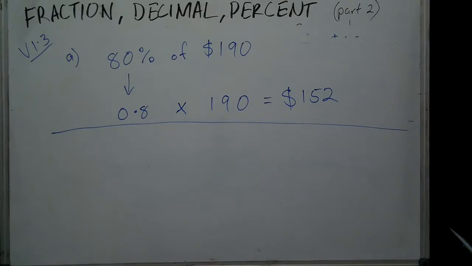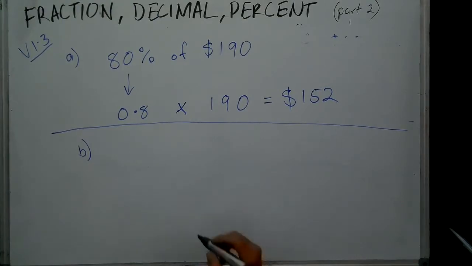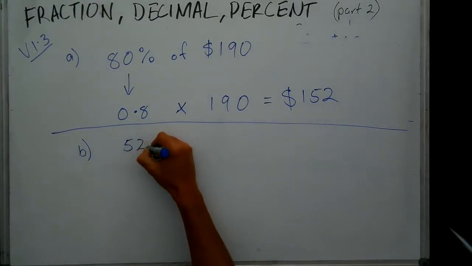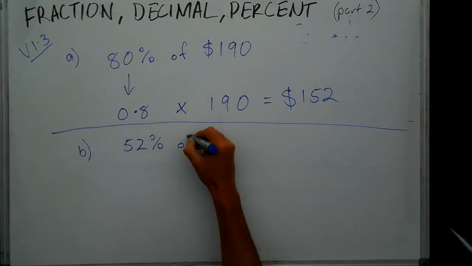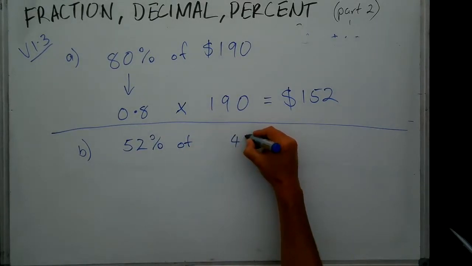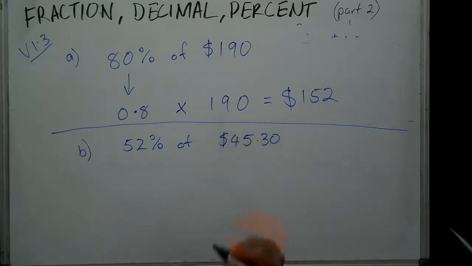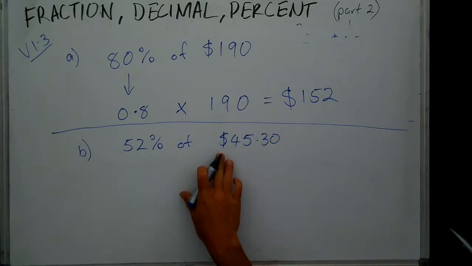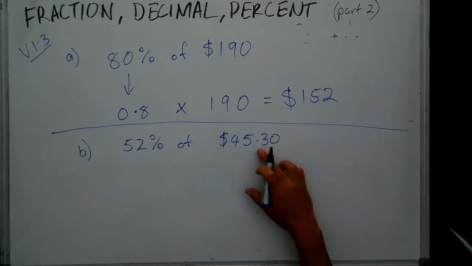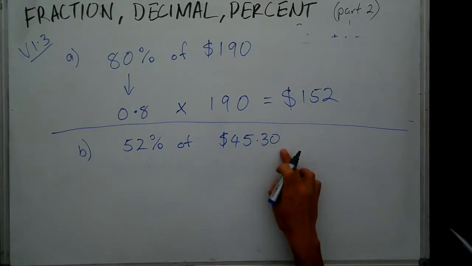So the next question, part B, is finding 52% of $45.30. With money, don't forget the dollar sign, and with a decimal, always fill out the zeros up to the cents.